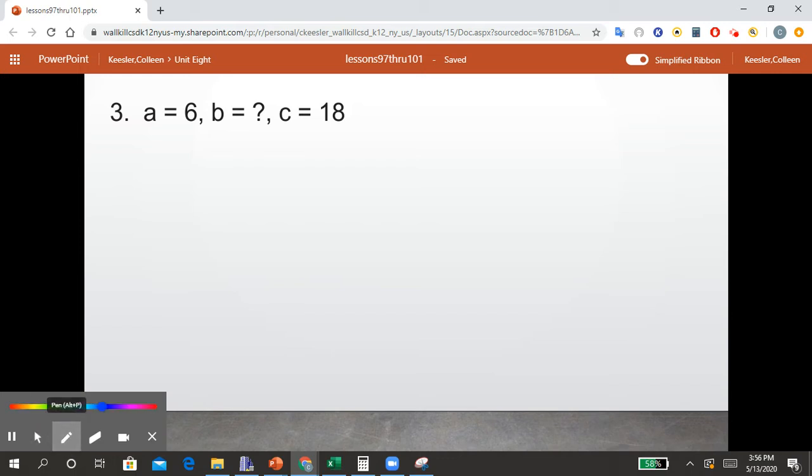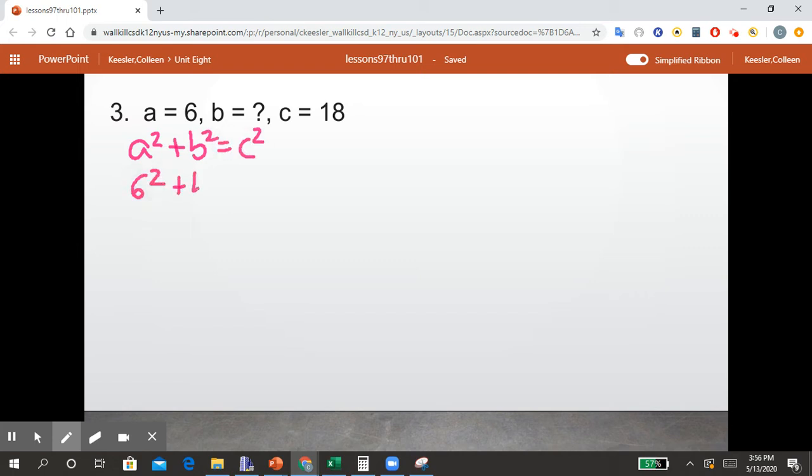So for 3, we have A is 6, B is not known, and C is 18. So again, A squared plus B squared equals C squared gives us 6 squared plus B squared equals 18 squared. 6 squared is 36 plus B squared equals 18 squared, which is 324.